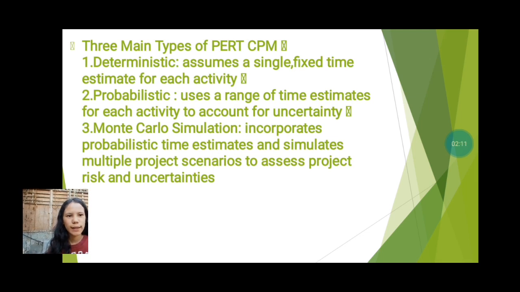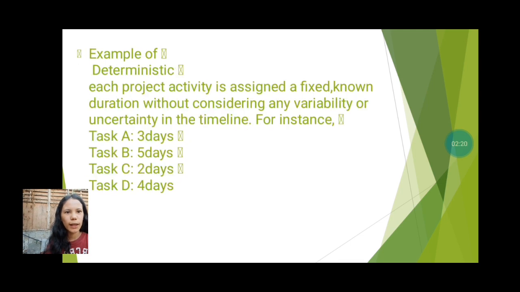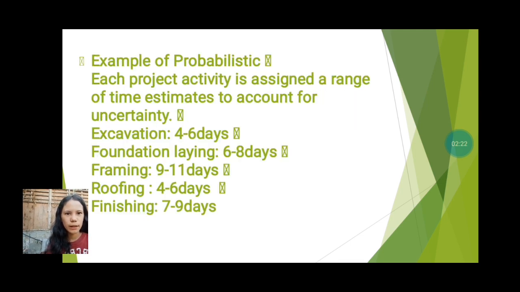Number 2 is probabilistic, which uses a range of time estimates for each activity to account for uncertainty. One example is each project activity is assigned a range of time estimates.